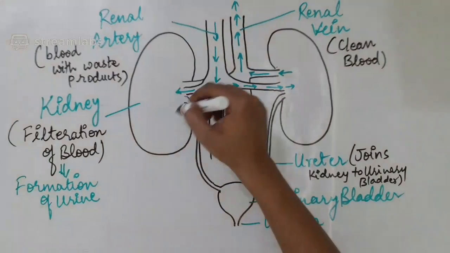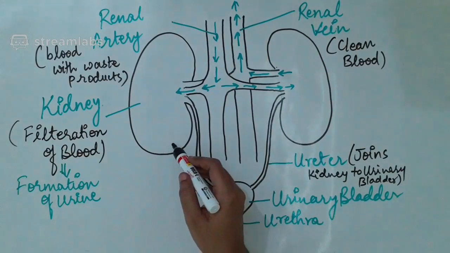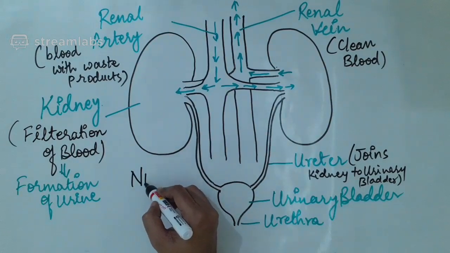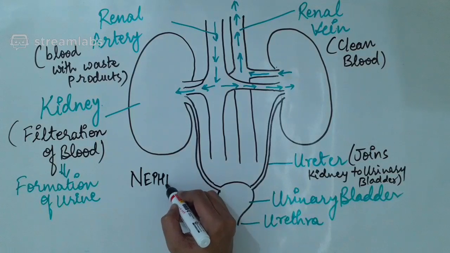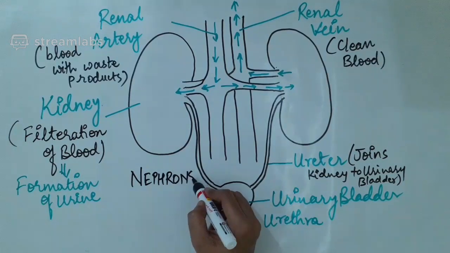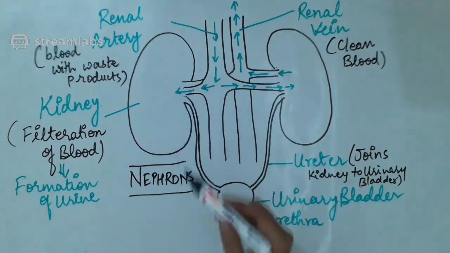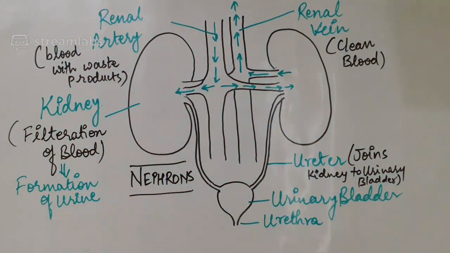Inside the kidneys, there are number of units known as nephron. Nephrons are present inside the kidney, and these nephrons are responsible for the filtration of blood.